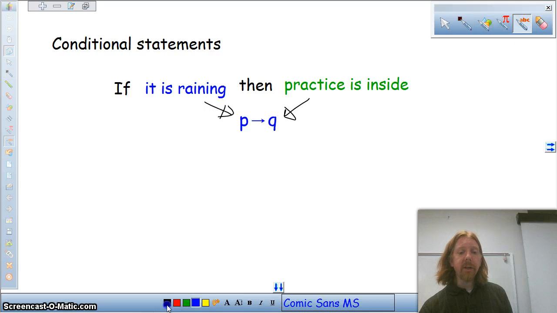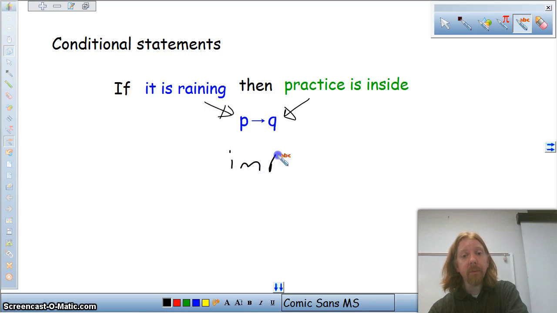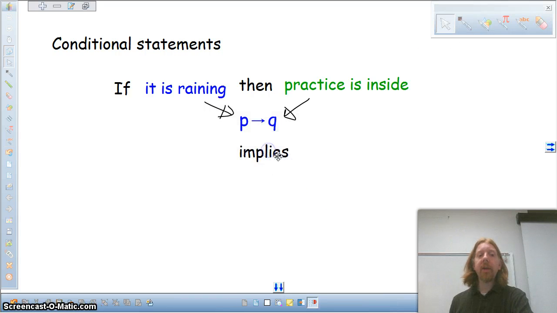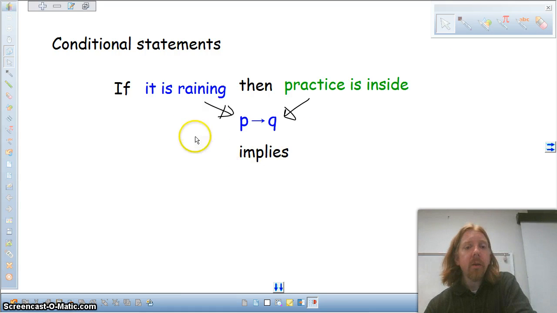Now, some other words you're going to hear applied. You'll hear the word implies. So for example, in that phrase, we would say raining implies practicing inside. We usually try to stay with this if and then as our main statement.